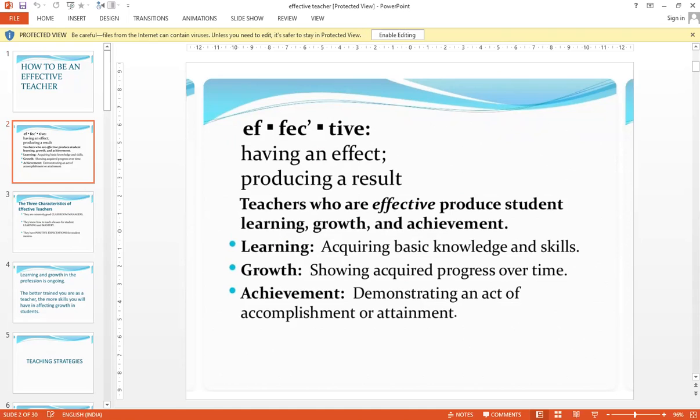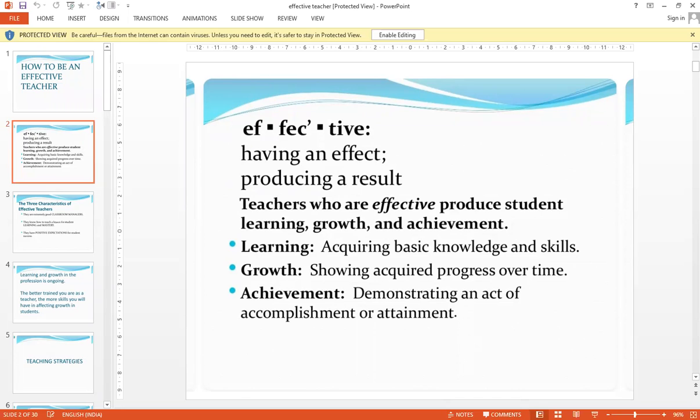They are able to produce the students' learning, and not only this, they also help in their overall development. And besides all these, effective teachers help the students to achieve their goals.